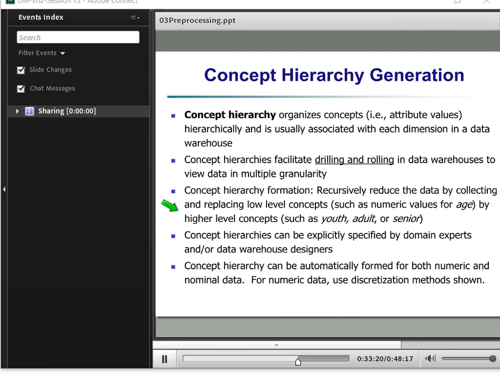Think about a hierarchy for address. In the lowest level of the hierarchy, we have street.